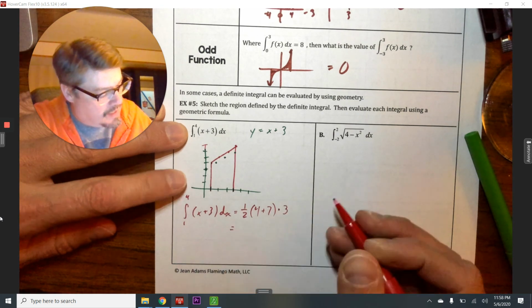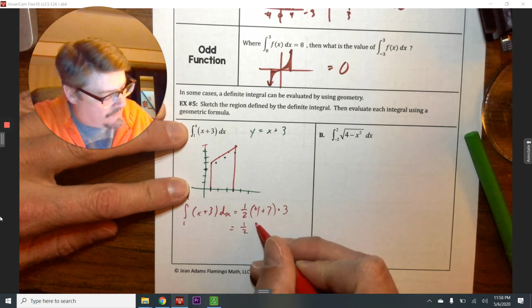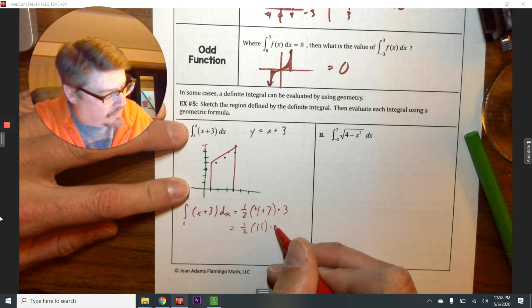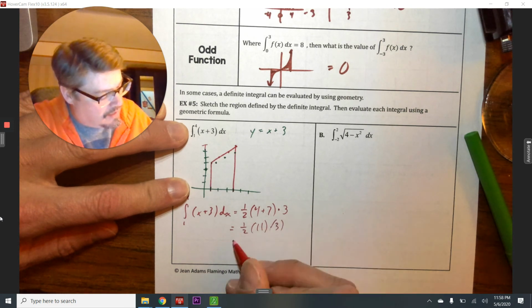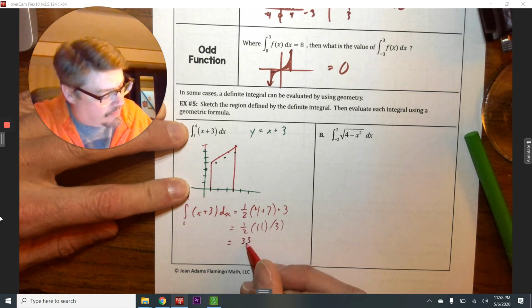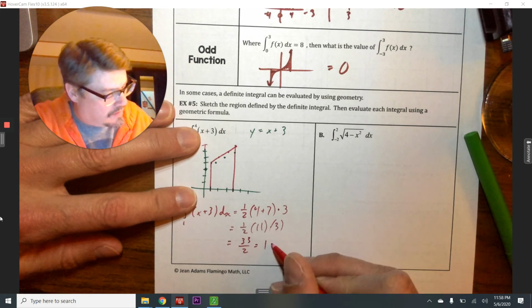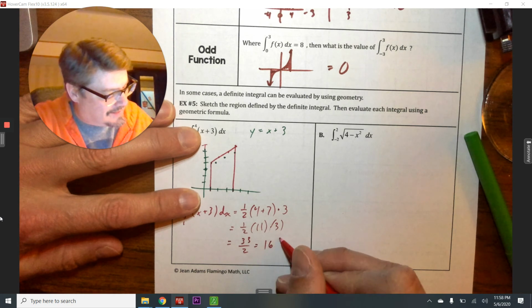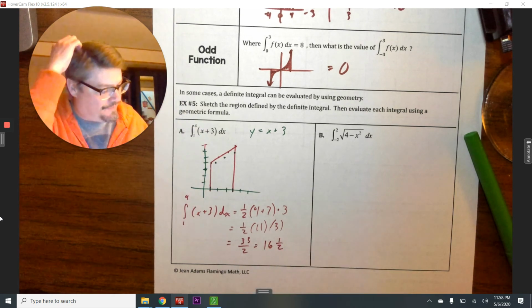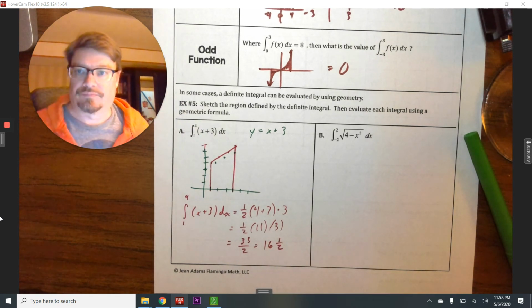So I get 1 half times 11 times 3, 33 over 2, which is 16 and a half. That's it. Nothing else to do.